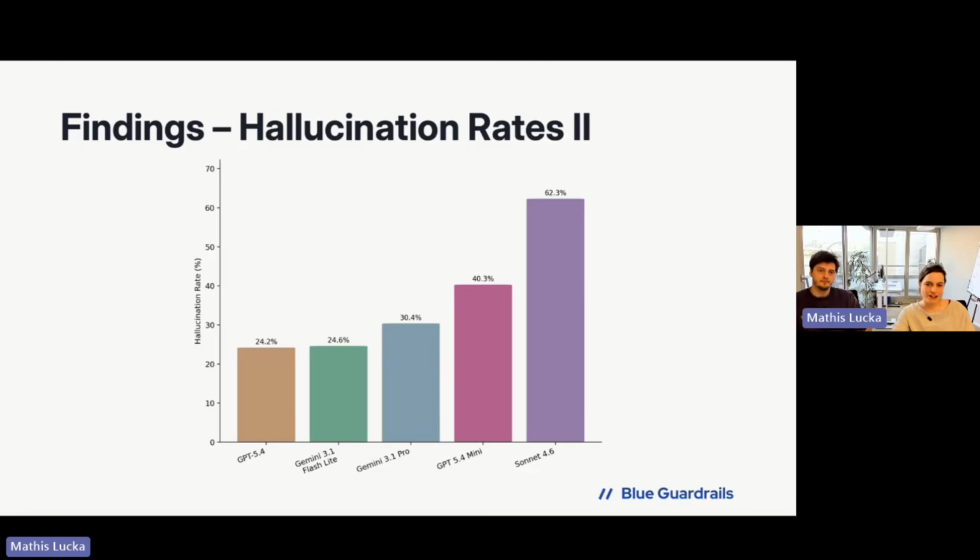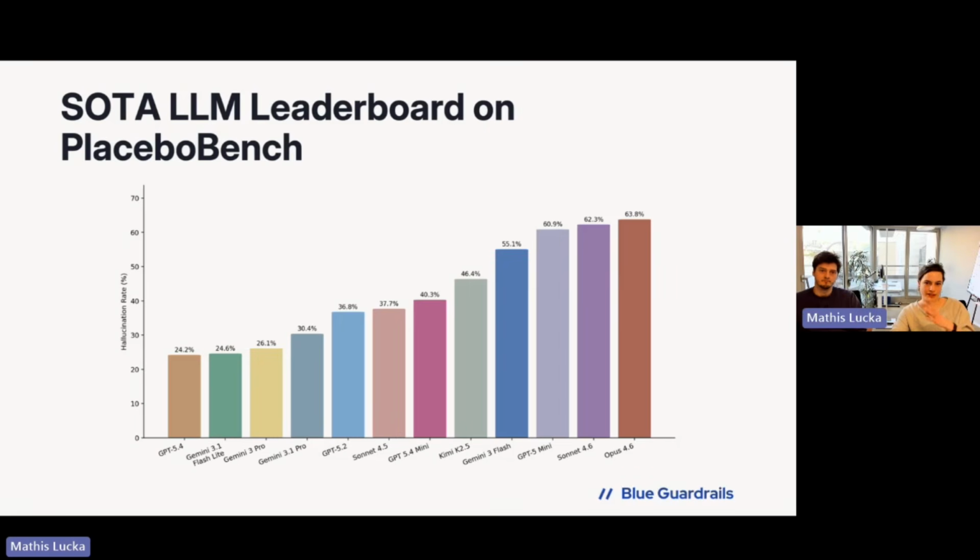But what's interesting here is that GPT 5.4 and Gemini 3.1 Flashlight took over the leaderboard. That was a big surprise for us, especially as the Flashlight model is pretty cheap, actually, and it's performing really well here. So this is the overview of all the models we looked at.